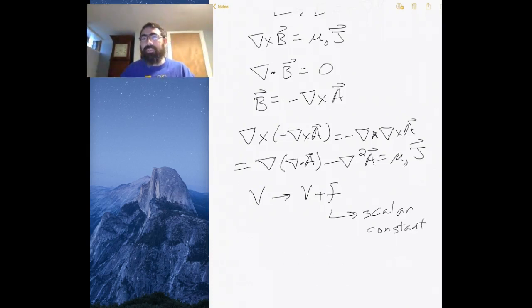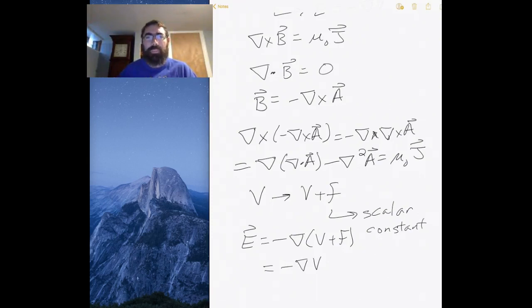So I could apply an offset to my electric potential, and when I calculate the electric field, what I get is the gradient of the electric potential minus the gradient of my scalar constant, but it is a constant, so therefore that's equal to 0.